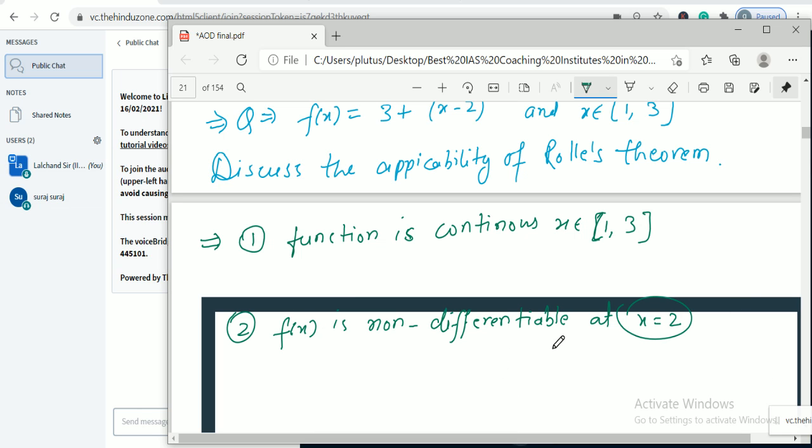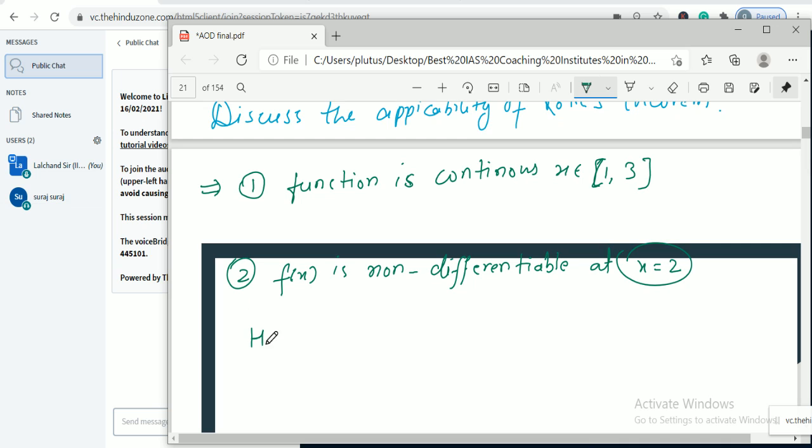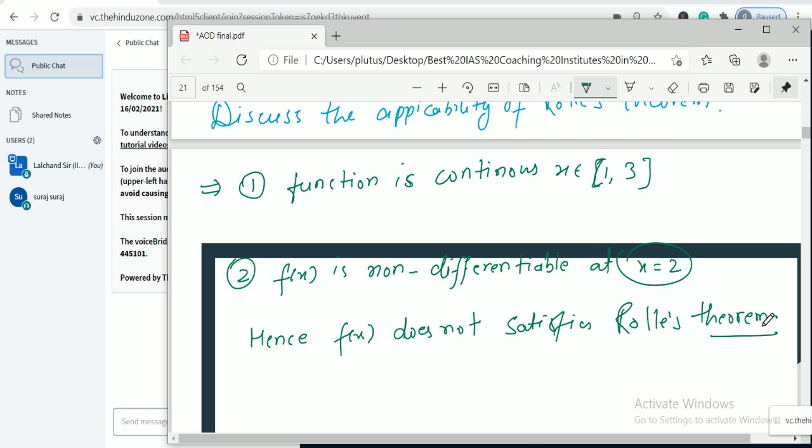Hence f(x) does not satisfy Rolle's theorem.